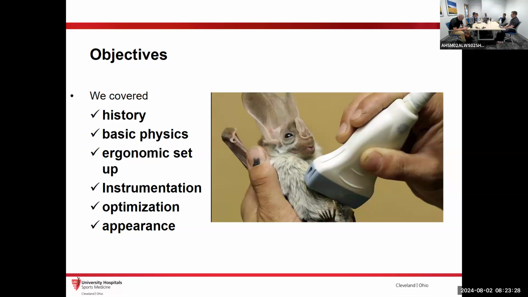And then if you get into the cart based ultrasounds, those are going to be anywhere from 55,000 all the way up to 175,000. The cart-based ones are the ones that usually the OBs use, and they do a lot of things, like 3D imaging, and a lot of things that we'll never use it for.